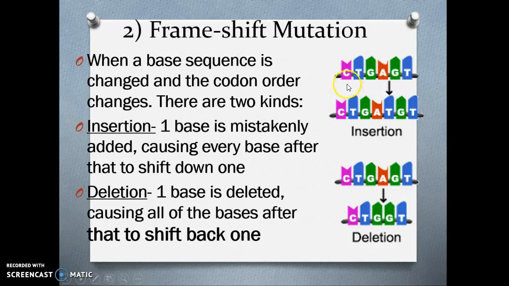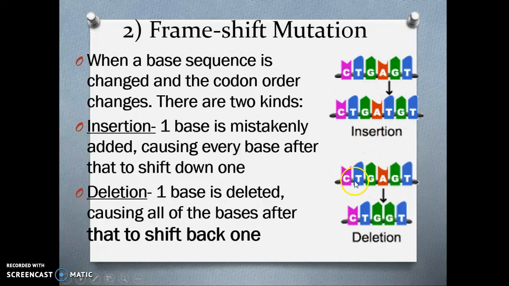Your sequence is supposed to be CTG, AGT, but for some reason we inserted a different base, so now we would read it as CTG, ATG. Now this would continue on and they'd still read it in the groups of three, or it might have a premature stop.